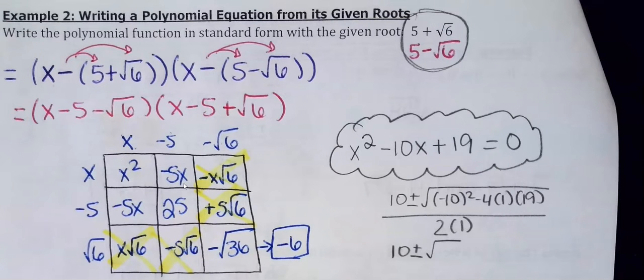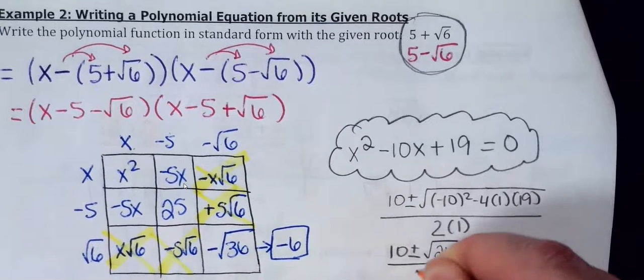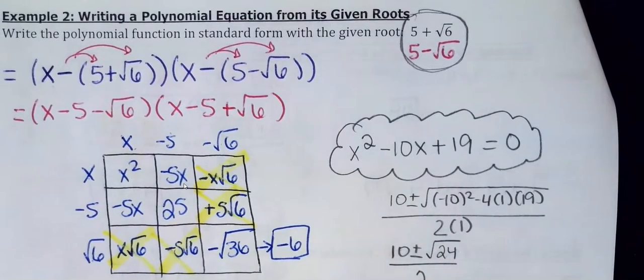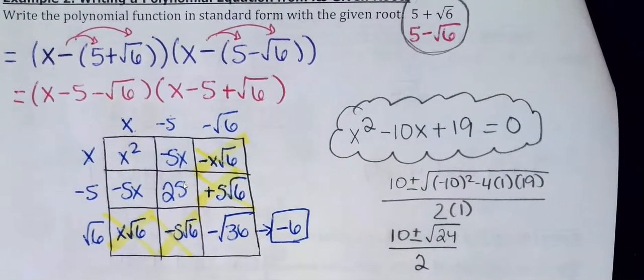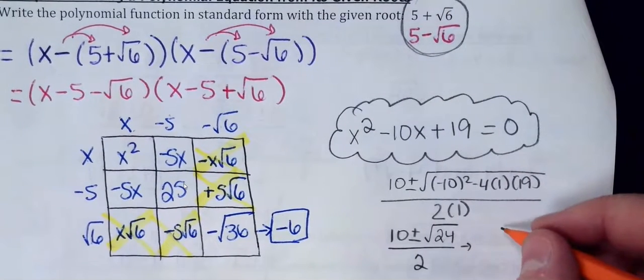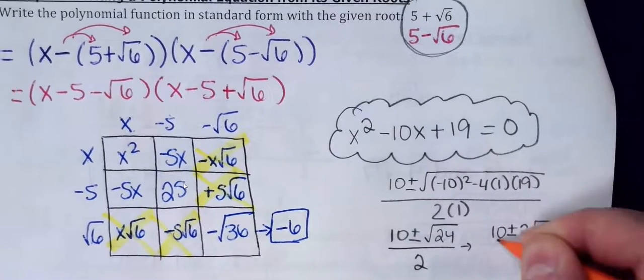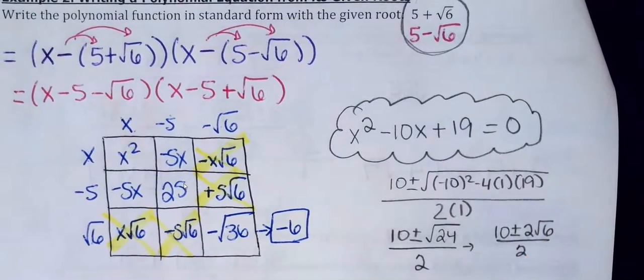This is 24 under the square root, over 2. Okay, now I'm trying to put it on here so you guys can see this. 24 would break down into 4 and 6, so it'd be 10 plus or minus 2 roots of 6, everybody over 2. And here are my answers, right?